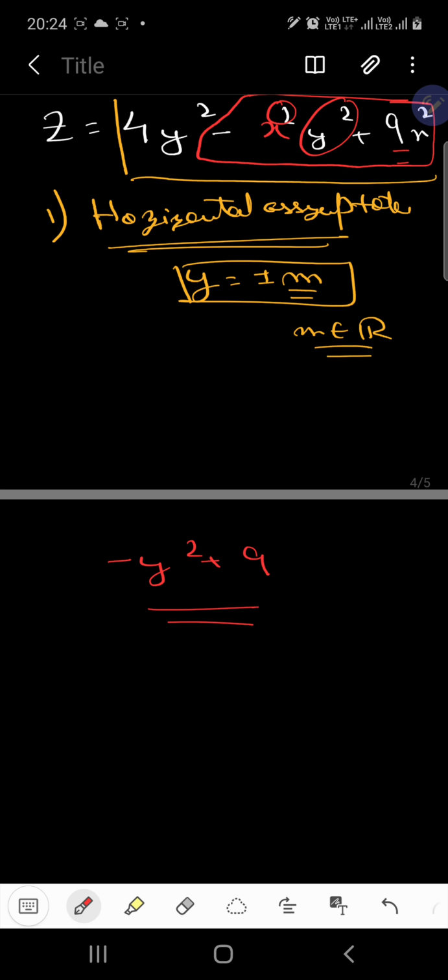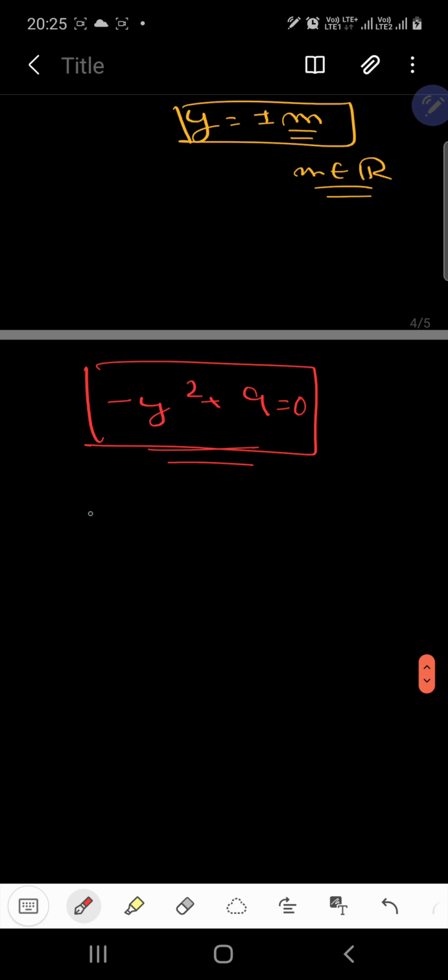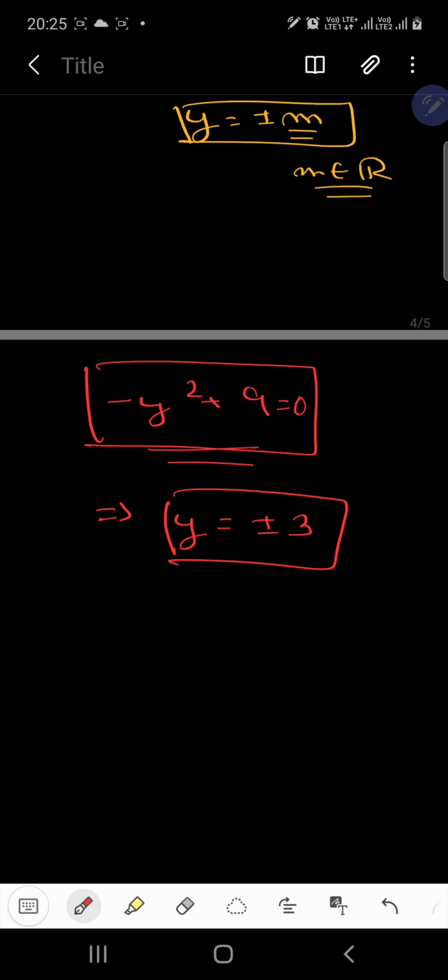We equate this function of the coefficients to 0, and from there we find that y equals plus minus 3, and this is the required equation for one of the rectangular asymptotes, and this one is a horizontal asymptote.